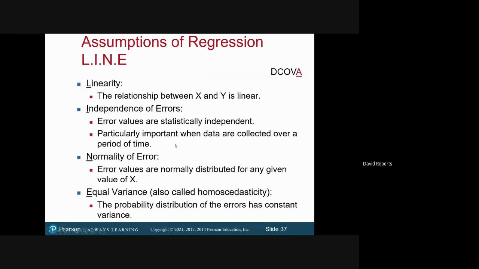All right. So what you're going to also look at is, is the relationship actually linear? And you also look for the independence of the errors, the normality of the errors, and the equal variances.